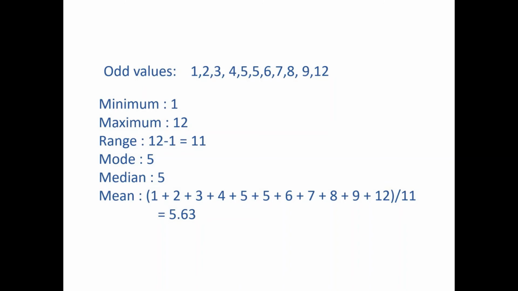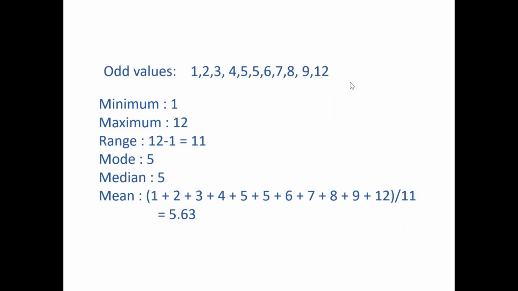In this particular example, we have odd values. So we have 1, 2, 3, 4, 5, 6, 7, 8, 9, 10 and 11 values in total. For this, minimum value is 1, maximum is 12, range is 12 minus 1, 11. Mode will be the maximum occurring value, which is 5.